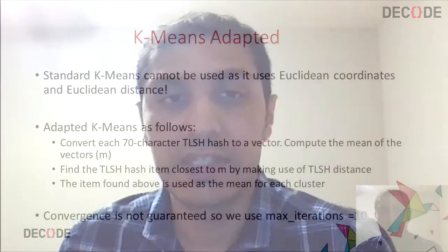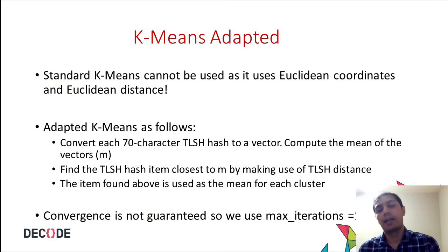But in order to use k-means, we need to adapt it so that it can be applied to the TLSH hash world. Standard k-means cannot be applied as such to TLSH hashes, because remember that TLSH hashes make use of the TLSH distance as a distance between two hashes.